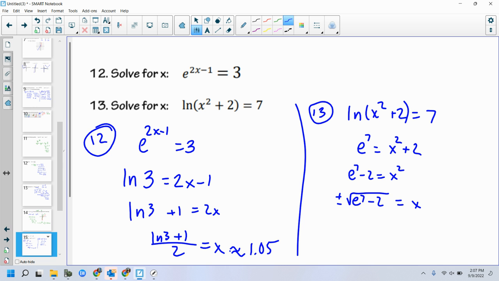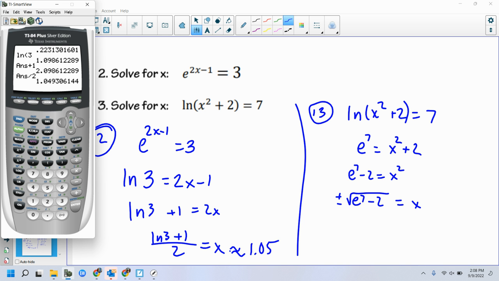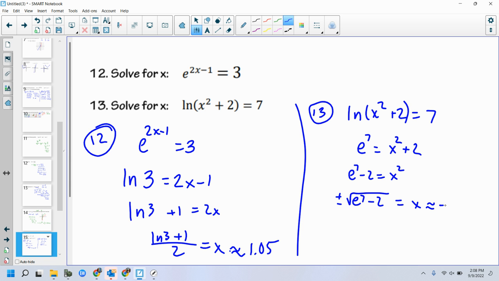So now I actually evaluate that. e to the 7th minus 2, square root it. Looks like I've got approximately plus or minus 33.09. All right, 14. Let me double check that answer. Yep.